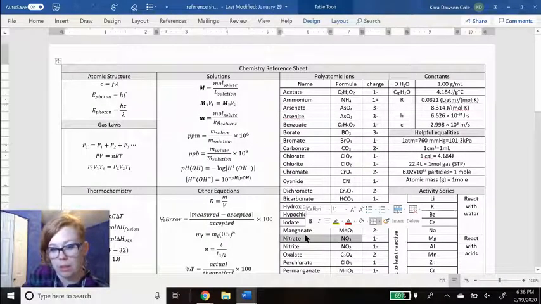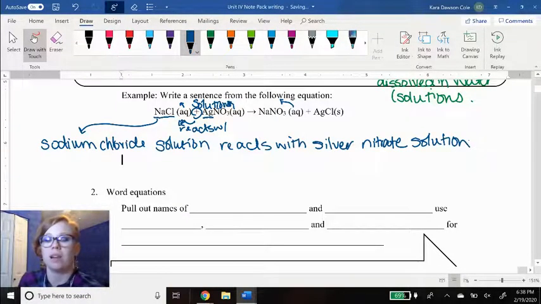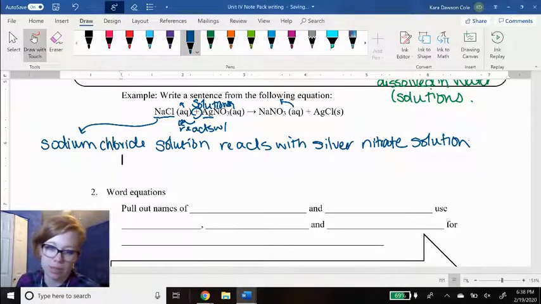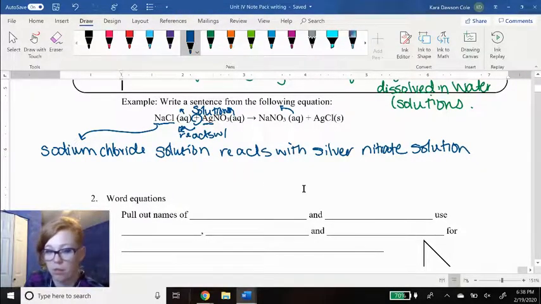NO3 is nitrate. So it's silver nitrate solution. You could also say the solutions of sodium chloride and silver nitrate react to form. It's however you really want to say this. I'm not going to be that picky with it. Just know that the word solution is going in for the AQ, the aqueous. So sodium chloride solution reacts with silver nitrate solution.